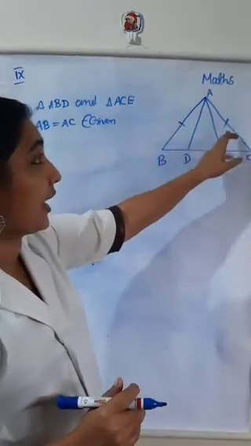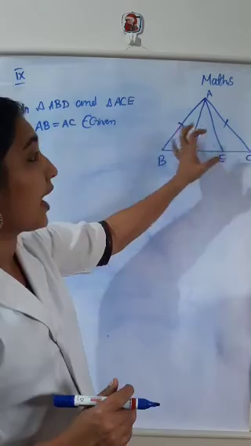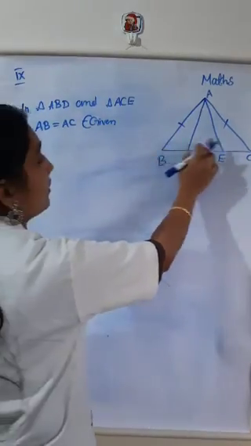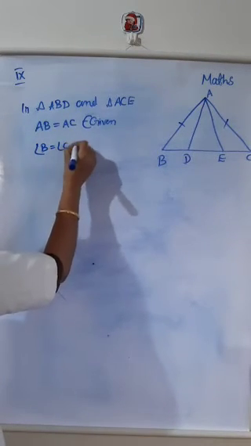Here AB and AC are equal, so the angles opposite to them are also equal. That is, angle B is equal to angle C. Why?